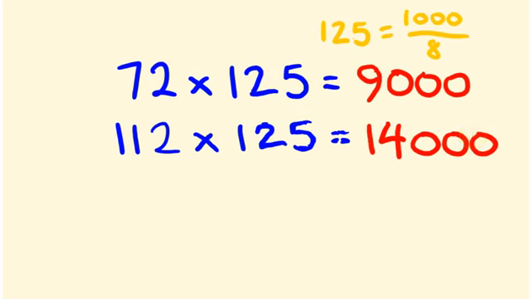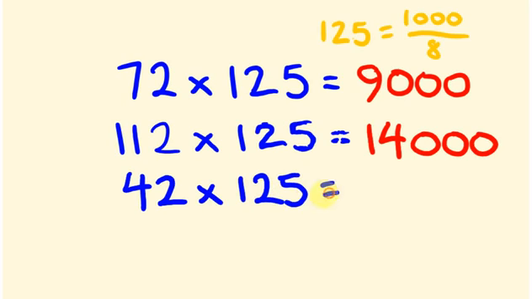Okay, last of all, what about a slight variance here. What about we did 42 times 125 equals, that really bothers me, so I'm going to tidy it up by making it worse. Okay, so we had this. Now what we can do is we're looking at the number that 8 goes into.